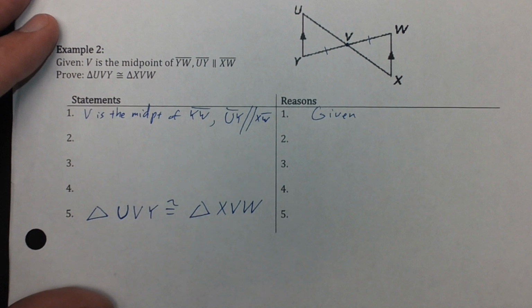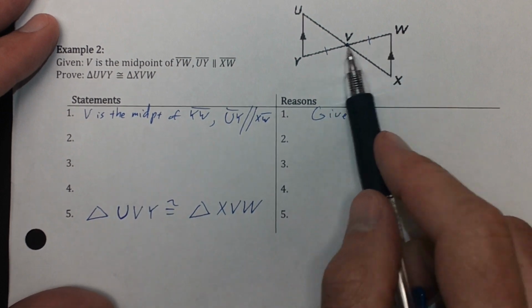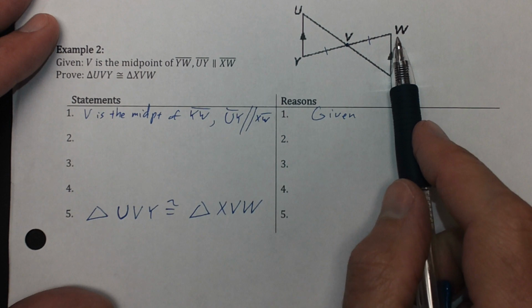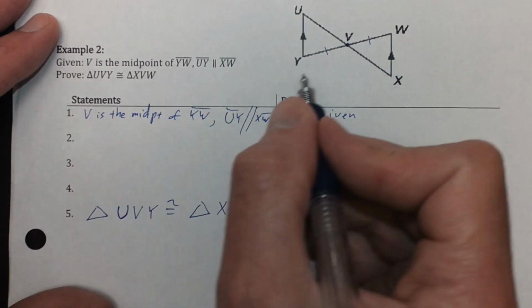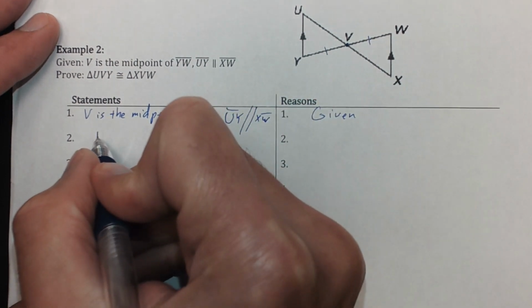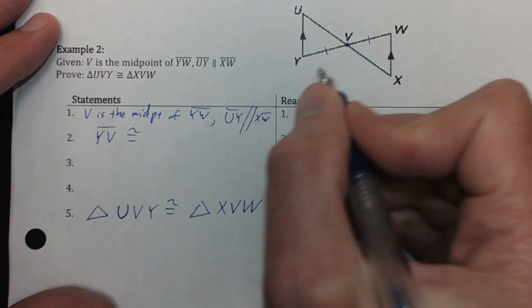So the first thing I'm probably going to start with is what I already marked. I already know V is the midpoint of YW. So because of that, I can make the conclusion, as I already did, that segment YV is congruent to segment VW.